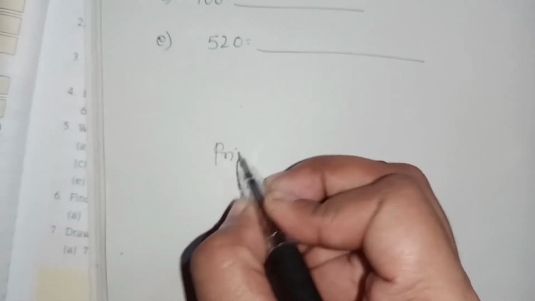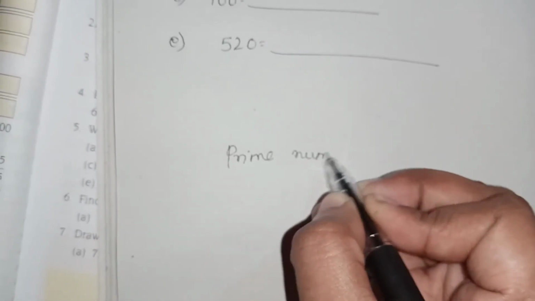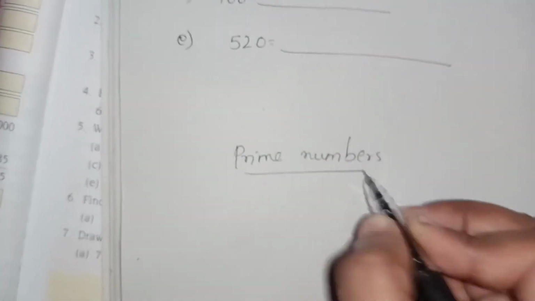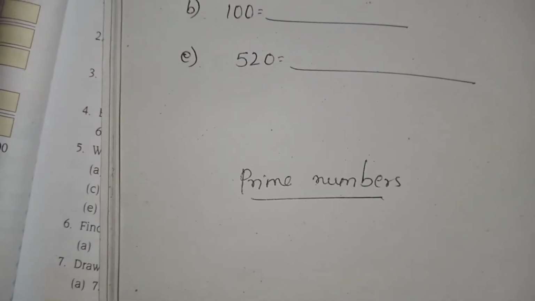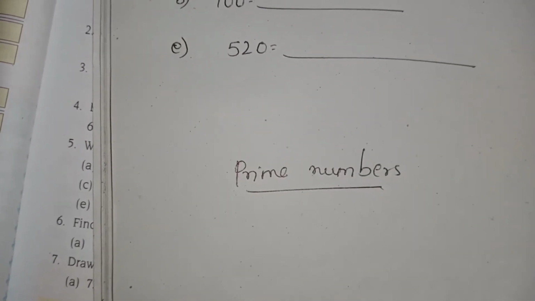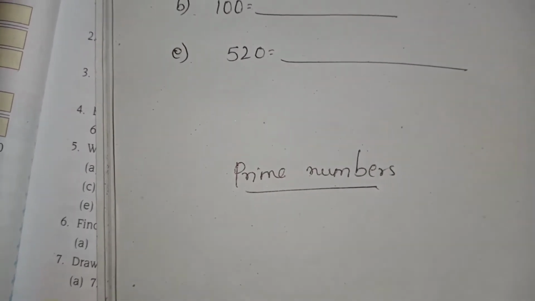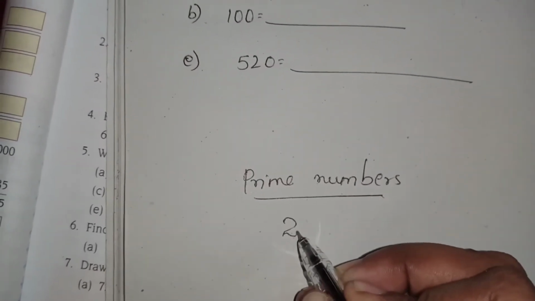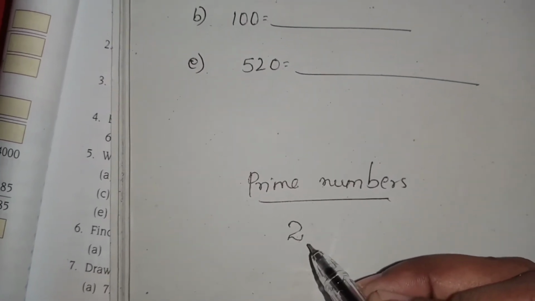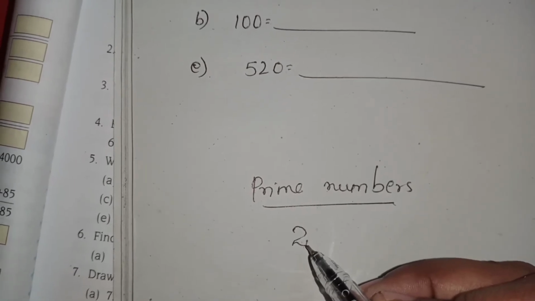So what I said, prime numbers should be divisible by 1 or by itself only. Like 2 will be divisible by 1, and 2 will be divisible by itself.